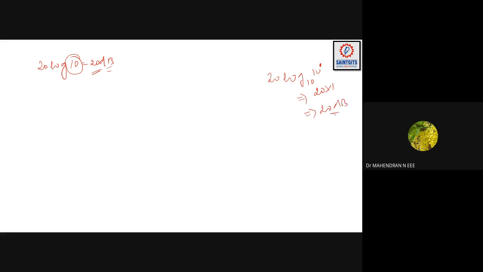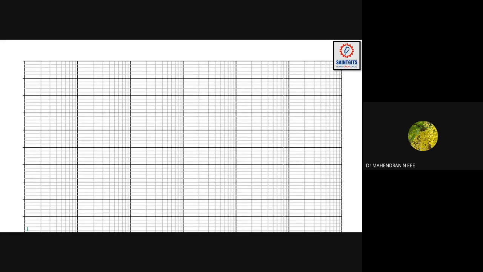So we are trying to plot the Bode magnitude plot. For that, I'm going to draw the magnitude plot. This is omega, and this is gain in dB: 0 dB, 20, plus 40, minus 20, minus 40 dB.